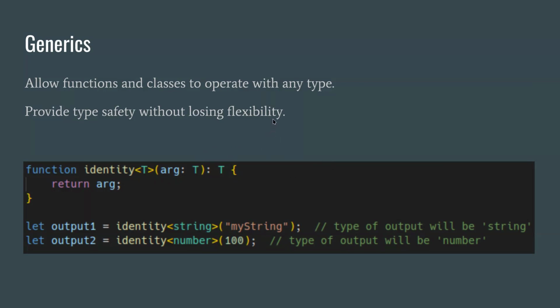With generics, you only write it once, and the function can be used with any array type, whether it's an array of numbers, strings, or objects. Here's an example of an identity function, and this receives an argument of any type T. We say any type to be T, and it returns that type T. So we can call this identity function with string or number or any type.